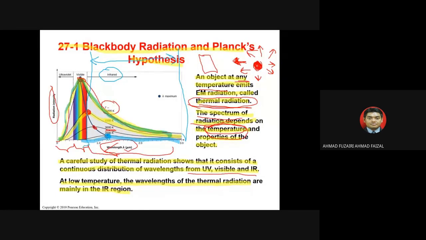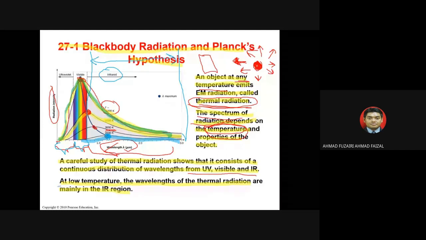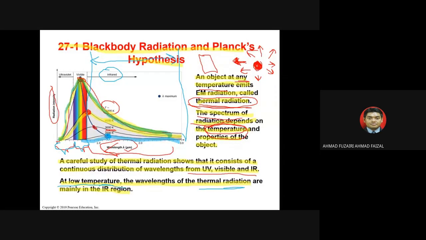You don't have the visible and ultraviolet portion whenever the temperature goes low. So at low temperature, wavelengths of the thermal radiation are mainly in the infrared region.